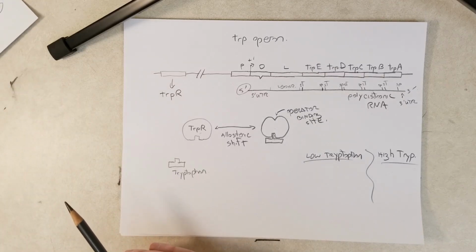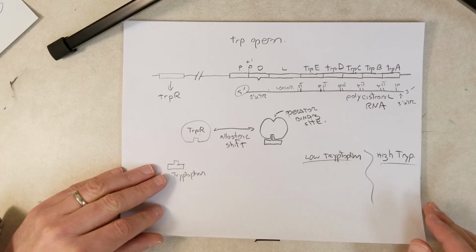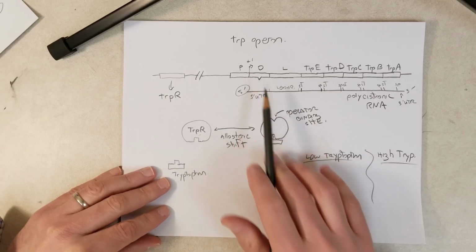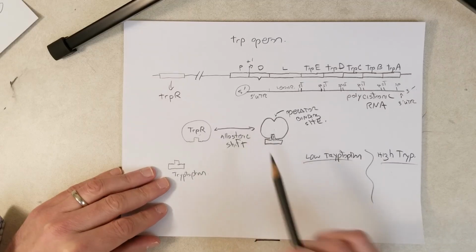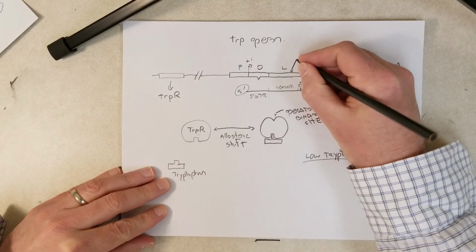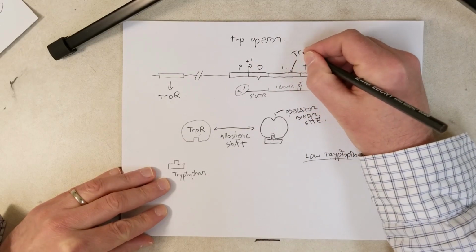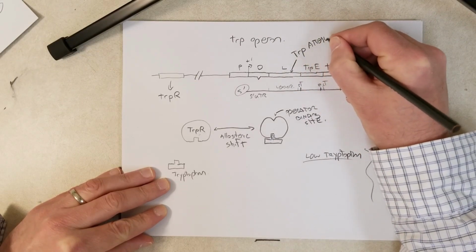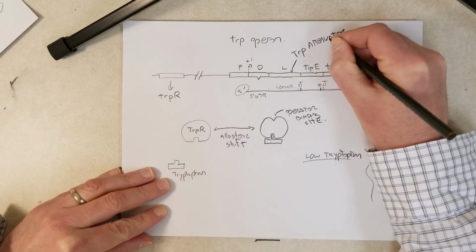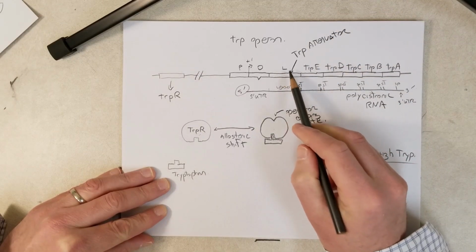So there's another level of regulation on top of this repressor binding the operator, and it's called the Trp Attenuator. And the Trp Attenuator is found in the leader region.